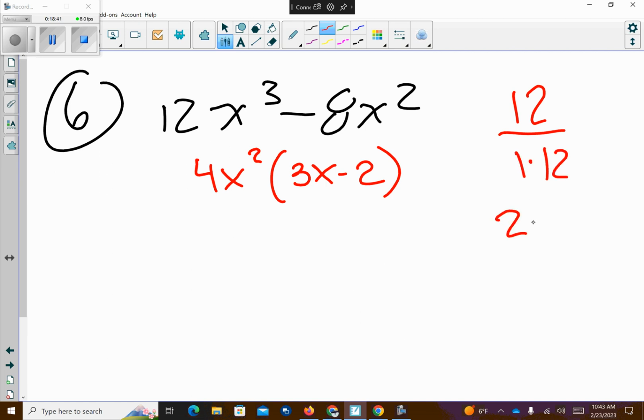If you need to physically write down the multiples, because I'm hearing, well, what does 8 go into, for example, like when we have 3 and everyone's like, well, 2 goes into that. There's no 2, right? So if you need to write down your multiples on the side, it may take a little longer on the test, but then you know, okay, if I have 12 and my 8 multiples here, which ones are common? You can circle them together. And you're like, okay, great, I can use that.